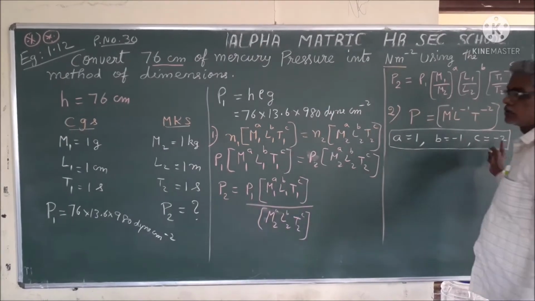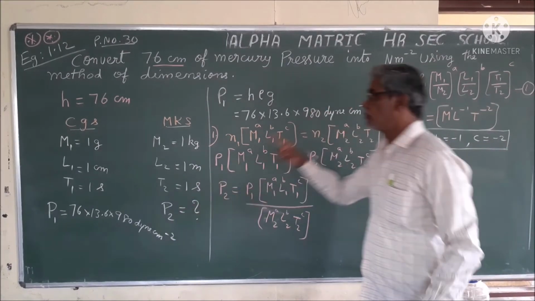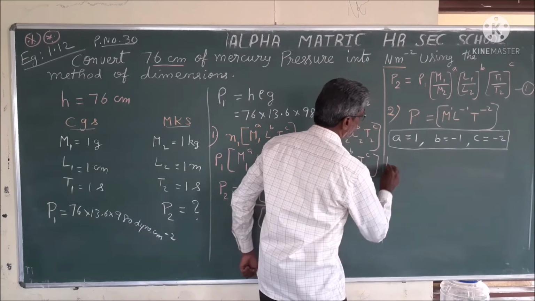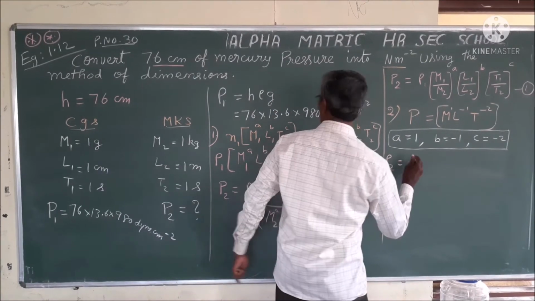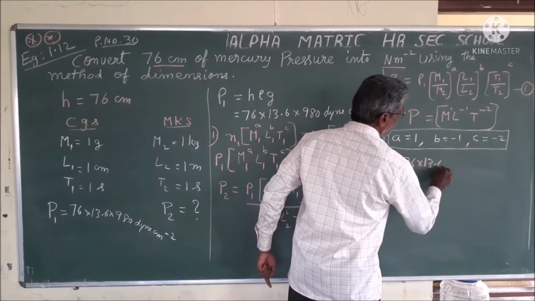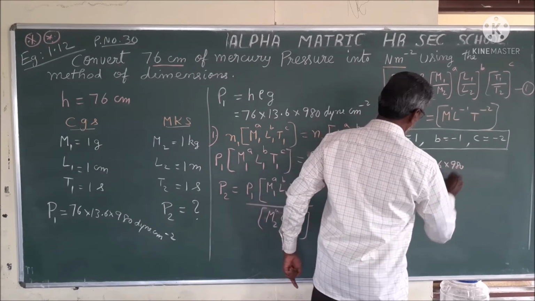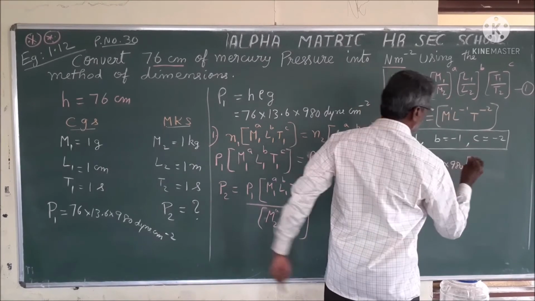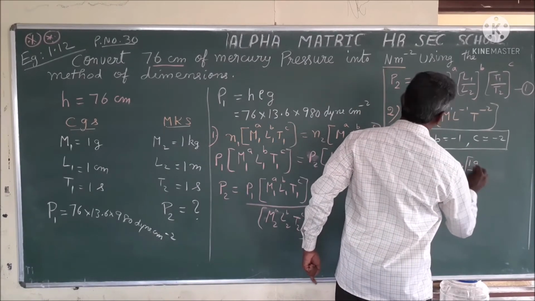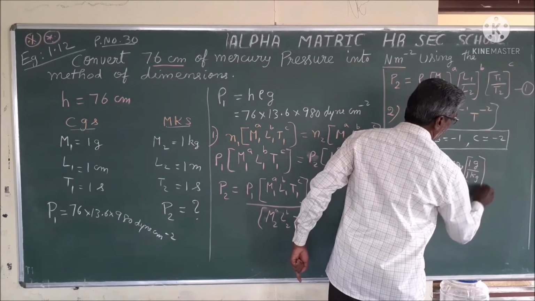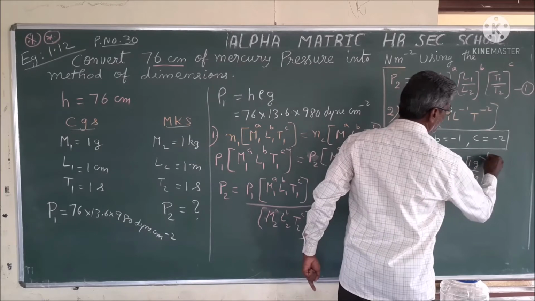Substitute these values as well as the P1 value in equation number 1. So P2 is equal to the P1 value. What is the P1 value? 76 into 13.6 into 980. Then M1 1 gram by M2 1 kilogram whole power 1.